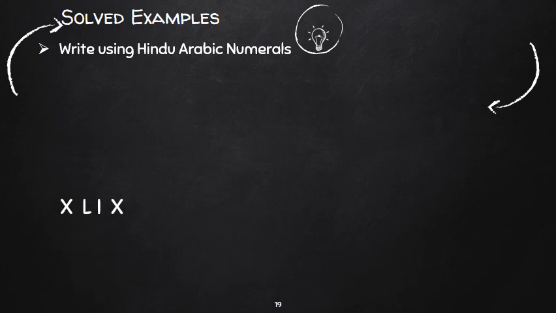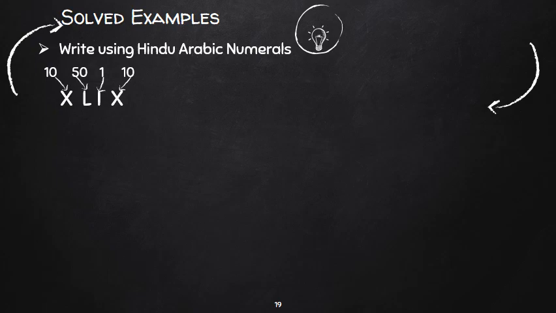Now children, let's do some solved examples. So the first question is, write using Hindu Arabic numerals. The Roman numeral is XLIX and you have to write this Roman numeral in Hindu Arabic numerals.